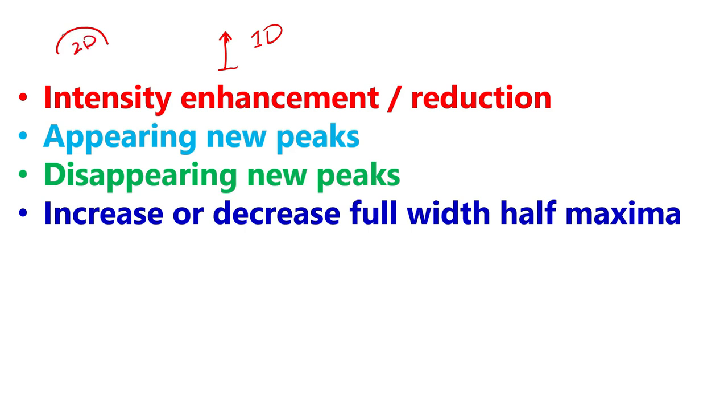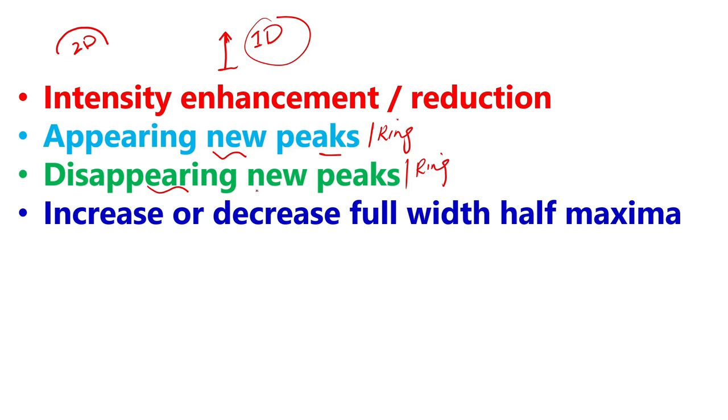The second important thing is when new peaks or rings appear. This is very important, because we can see that a new phase is formed. In some cases, we have disappearing peaks or rings. So peaks in the case of conventional XRD, while rings in the case of grazing incident X-ray scattering, right?